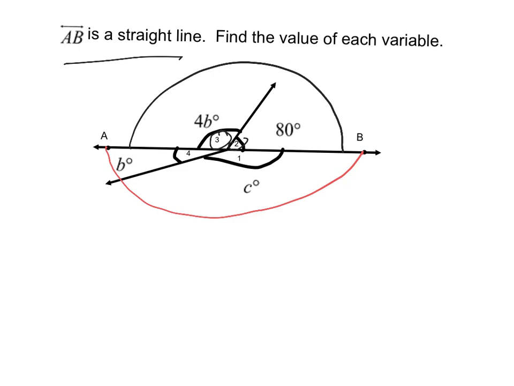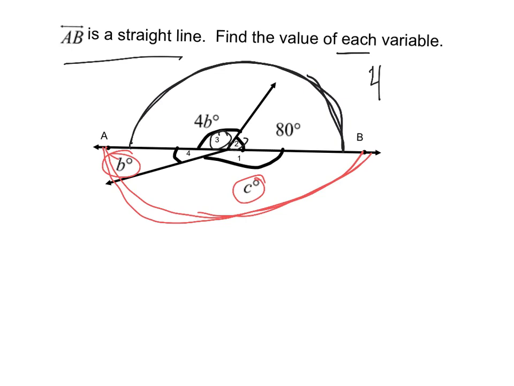So I can't do this one right now because I have 2 different variables. I need to figure out an equation with only one variable. So I will have to be looking at this one because it has one variable. Hit pause and figure out what B is if you think you're pretty good. If you're not quite sure, go ahead and play.